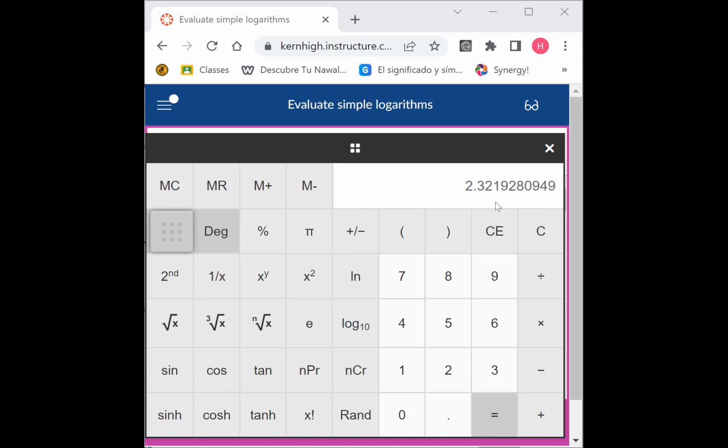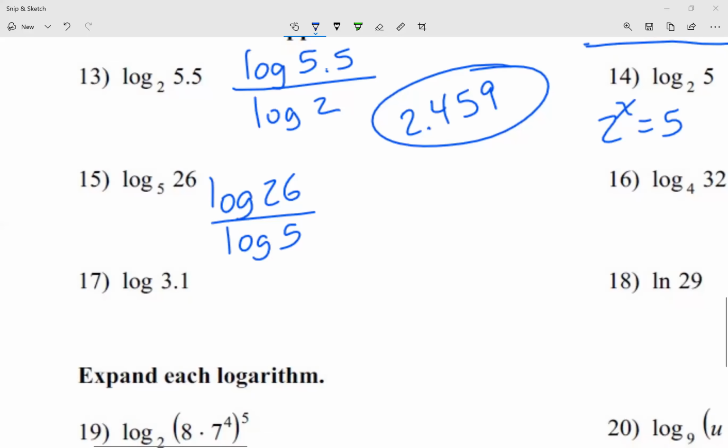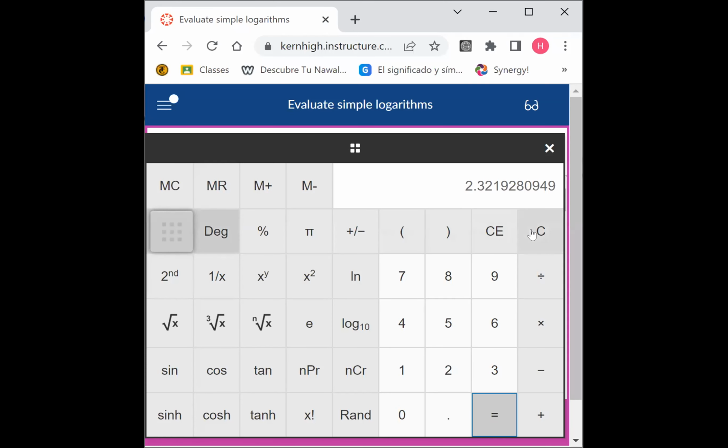Now for question number 15, let's just go log of 26 divided by log of 5. Let me clear this out.